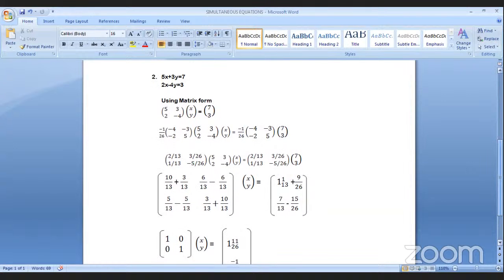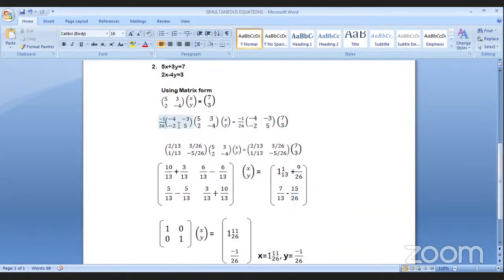Then we get the figures in the leading diagonal, multiply them, and subtract those in the minor diagonal to get the determinant here. And get the inverse. And we also do it on the other side, just as we can see here.